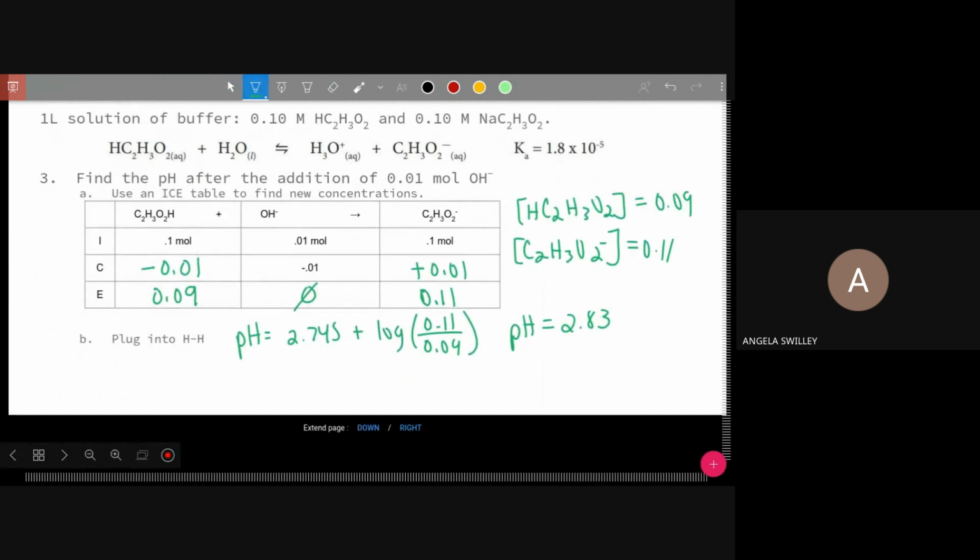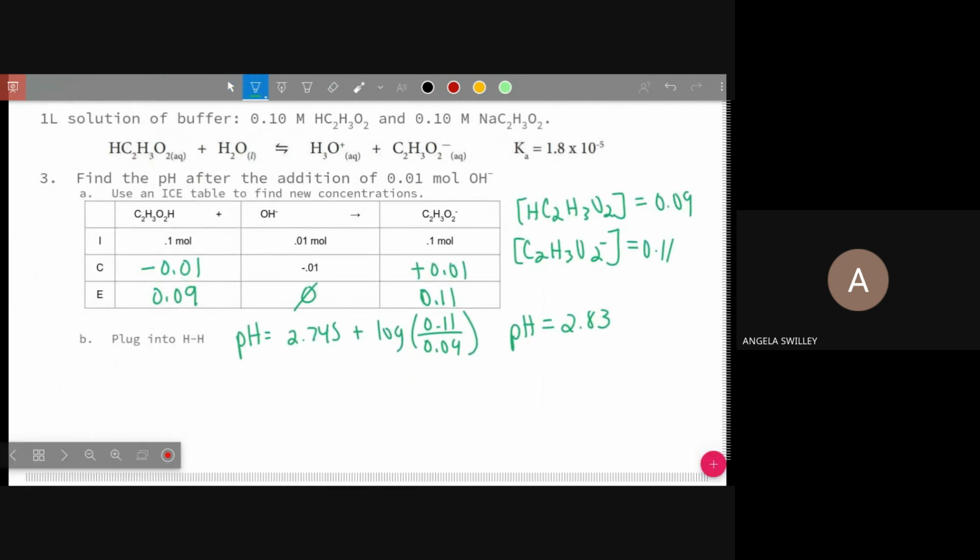So if you remember, when our concentrations were the same for the acid and conjugate base, we had a pH of 2.745. And when we added base, like a very small amount, we went up to 2.83. And when we added acid, the pH went down to 2.658.